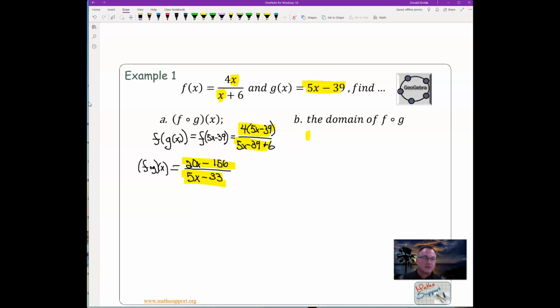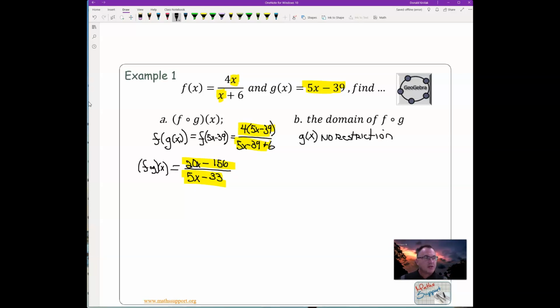So the only thing restricting this function would be the final composite, which is the 20x over 5x minus 33 right here. Since g of x has no restrictions, there's nothing to combine. Its domain would be all real numbers.